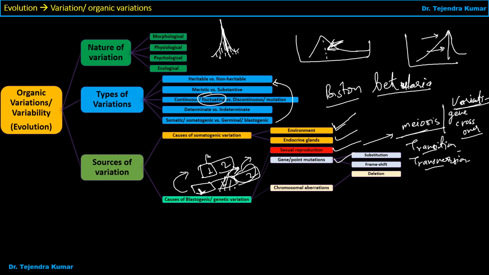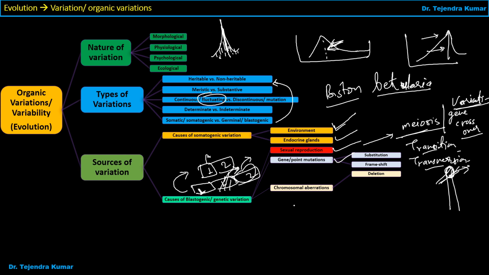So if you're talking about chromosomal aberration, let's see the deletion. Okay. So what will happen in the deletion? If we are talking about deletion, it means a gene present at the end of the chromosome is deleted, meaning a segment of the chromosome is deleted. Likewise, this is a chromosome and this part is deleted.